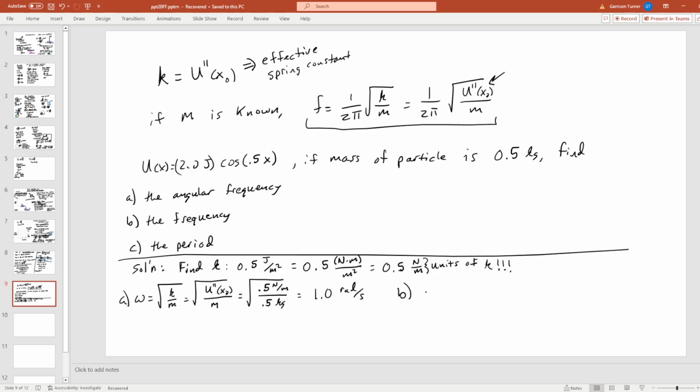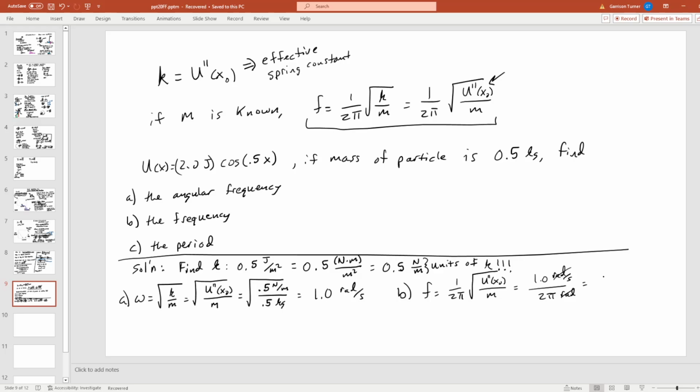B, the frequency, is the angular frequency divided by 2 pi. And this is why your rads cancel out. Even though they're unitless, your 2 pi is technically in radians.